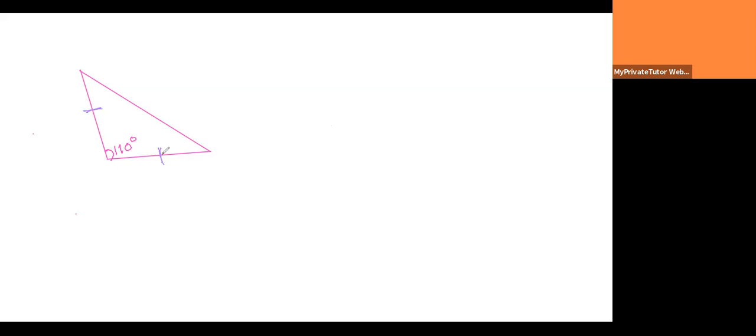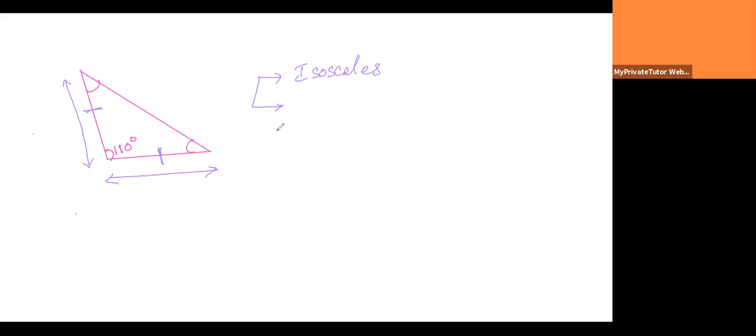Okay, see here, these two sides are equal. The length of this side and the length of this side are going to be equal. If two sides are equal, it is an isosceles triangle. If one angle is 110, what are the other two angles?